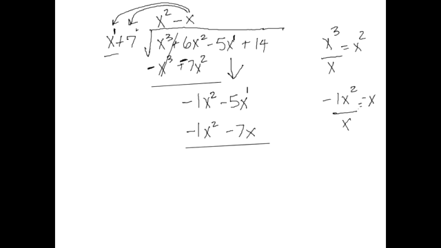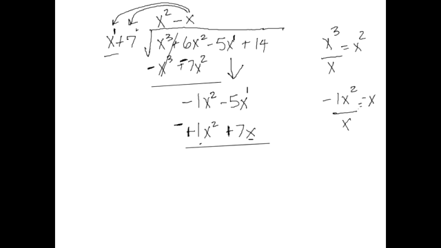Once again, this is oftentimes where the mistake is made. If you are subtracting, you have to distribute that negative sign to both of these items down here in the polynomial. So that means that this would become a plus because minus a negative, and that this would become a plus.